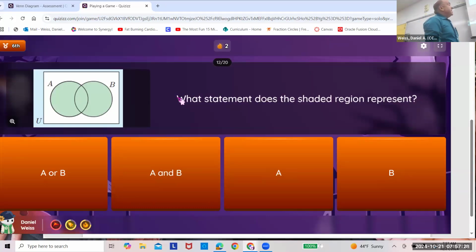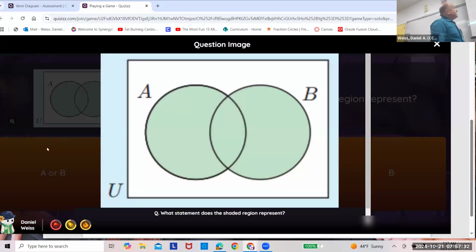Okay. Now, does it make sense that this whole thing is going to be A or B? This whole thing is A or B, because if it's over here, it's A, but not B. Over here, it's B, but not A. Over here, it's both, but the whole thing means either one.